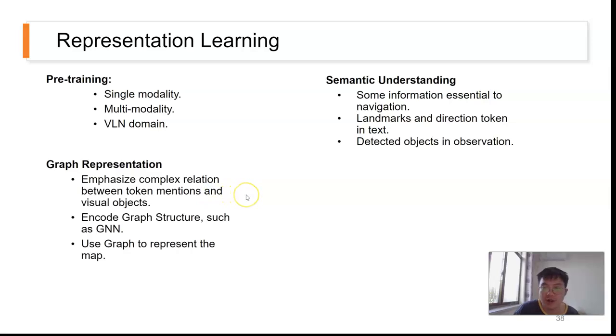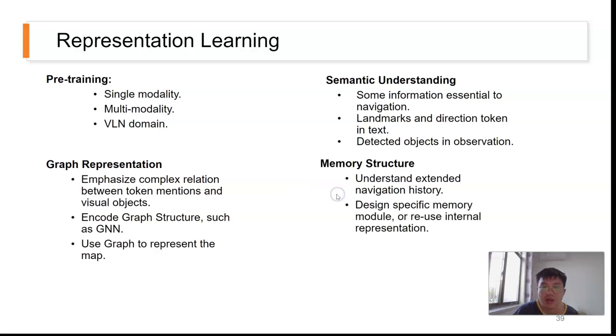Graph representation is also useful because there could be a complex relation between the token mentions and the visual objects. We could use a graph to represent that complex relation. Memory structure could be used to extract useful information from a long navigation history.